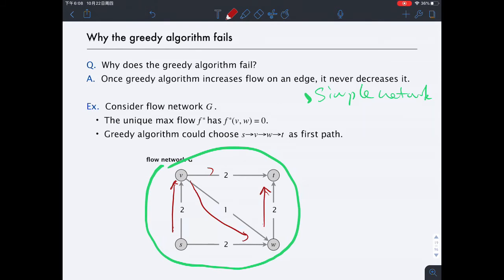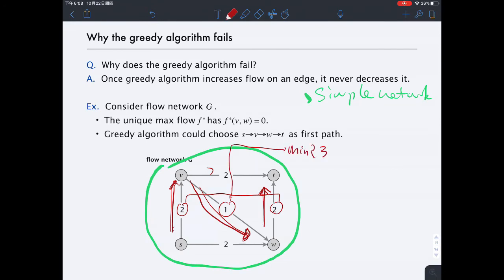This path is not going to be returned by a standard BFS algorithm, but in the description of our algorithm, we were not specific about which search algorithm we are going to use. So there's a chance that the search algorithm is going to return the first path that moves from S to V, from V to W, from W to T.